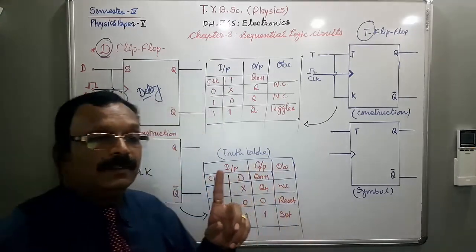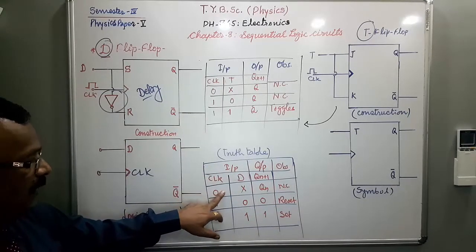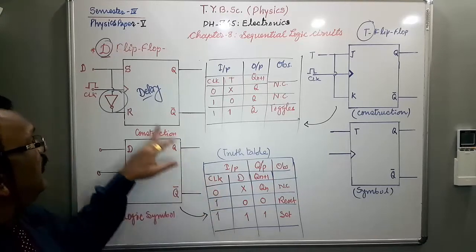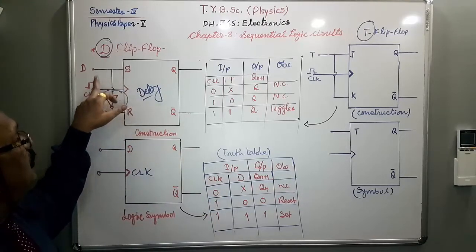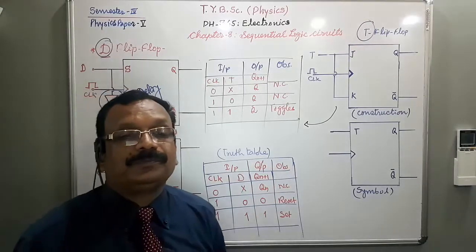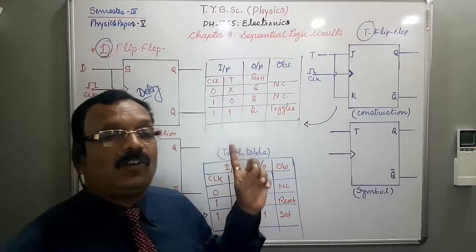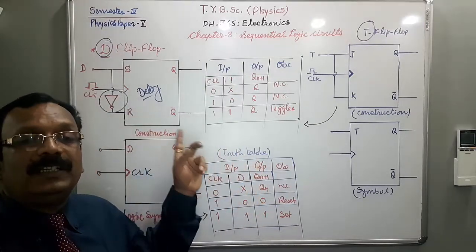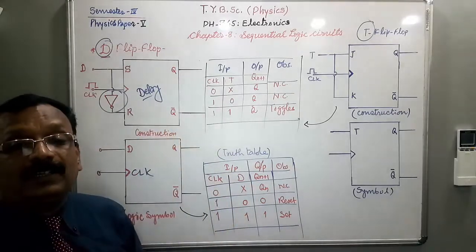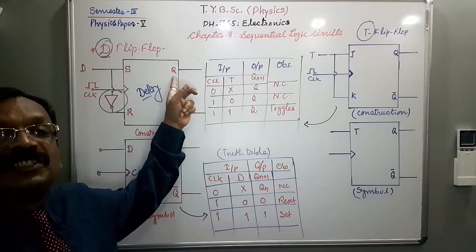Now, second thing, when the clock pulse is low, that is 0, the flip flop is disabled. When the clock pulse is 0, the flip flop is disabled, and obviously its output will not change.